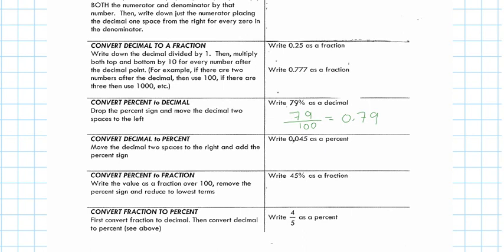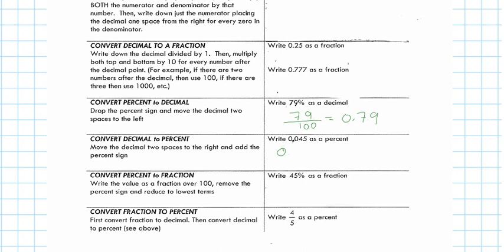Now, if I want to convert from a decimal to a percent, multiply by 100. A percentage means 100. So if I'm converting from a decimal to a percent, I have to multiply that decimal by 100. Okay?